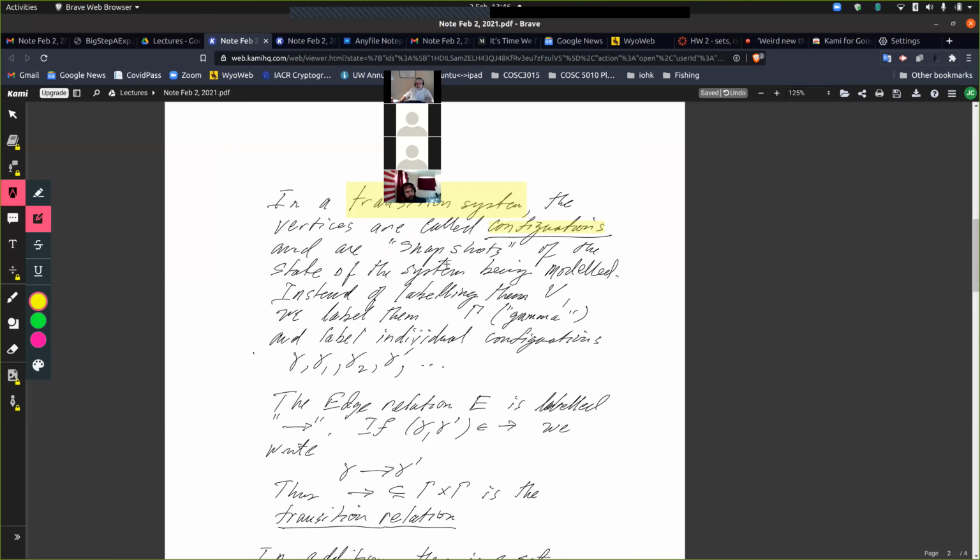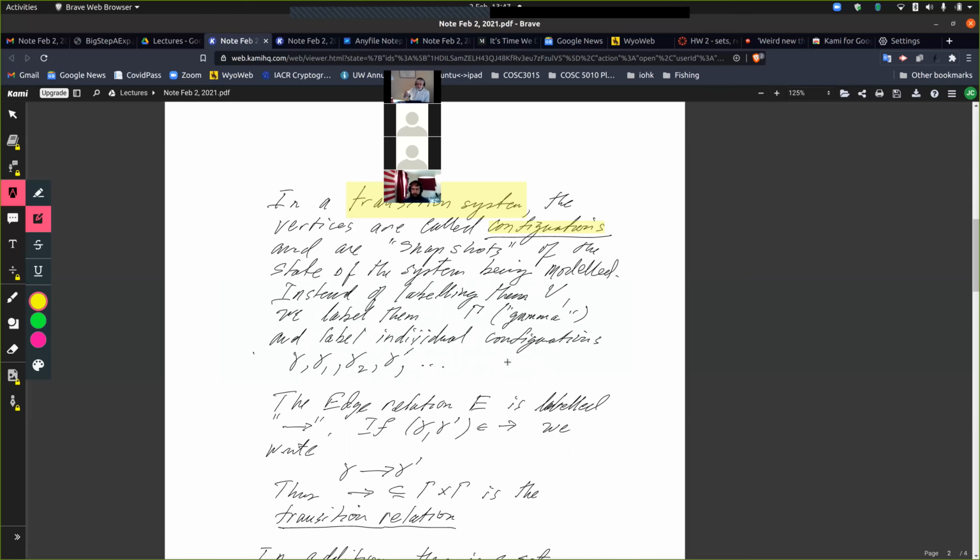And for the purpose of modeling the semantics of programming languages, those are going to be snapshots of the state of the system being modeled. It's going to depend on the kinds of things that we're interested in. When we come to modeling imperative programming languages, the configuration is going to include maybe the program to be evaluated together with the current state of memory.